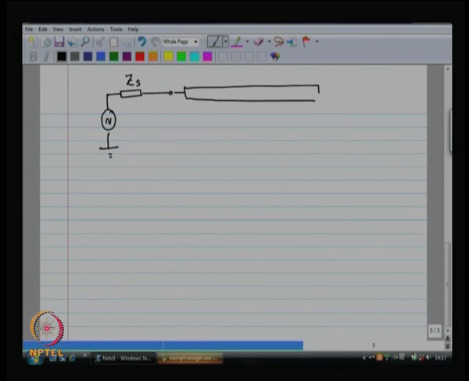So, a source is inseparable from a source resistance or source impedance, and I want to transmit something over a medium. Now, this medium could be air, this medium could be a wire, it could be a coaxial cable, it could be a waveguide, it could be an optic fiber, it could be anything, all right.